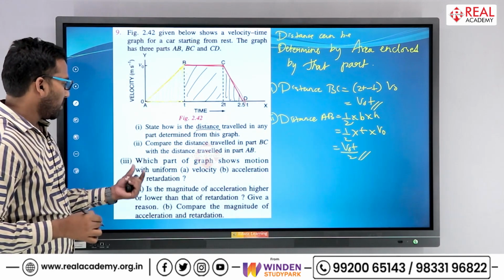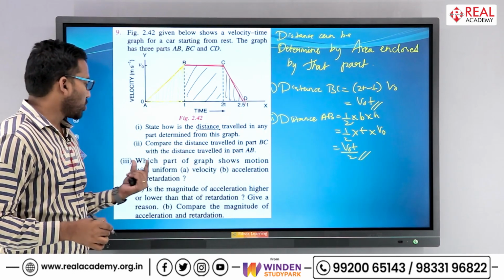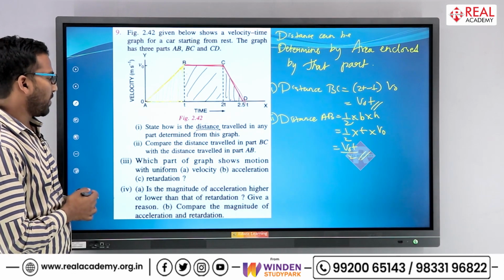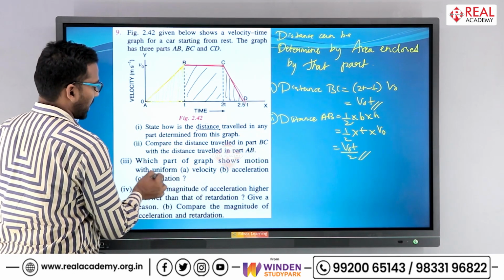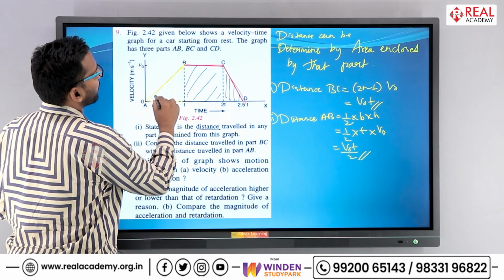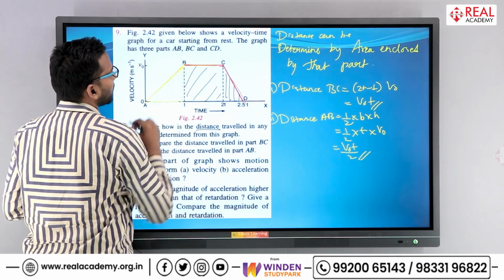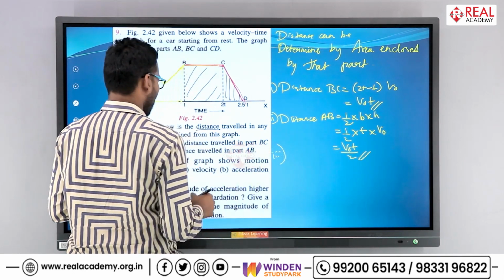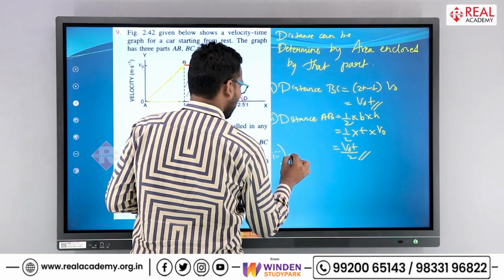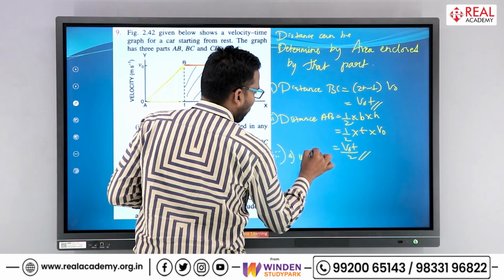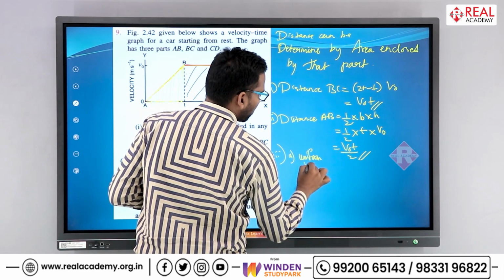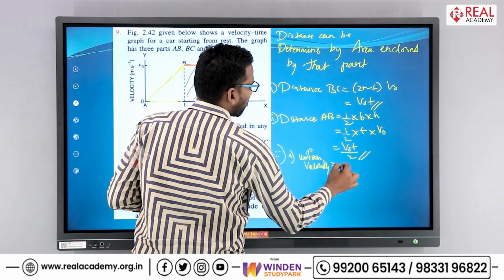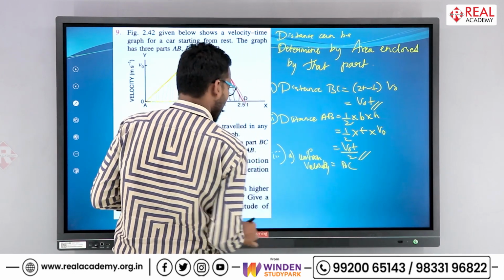Now what about the third one? Which part of the graph shows motion with uniform velocity, acceleration and retardation? Uniform velocity means constant velocity, they are asking. Which part can we see the constant velocity? It is BC. So we can write, for uniform velocity the region is BC.